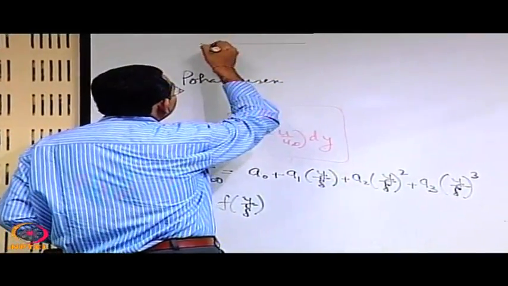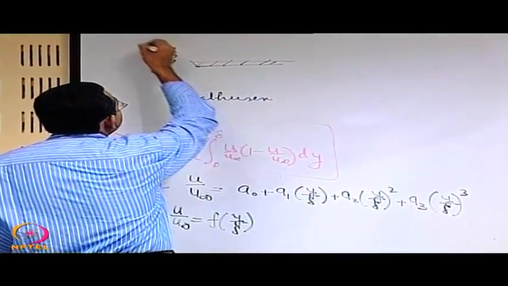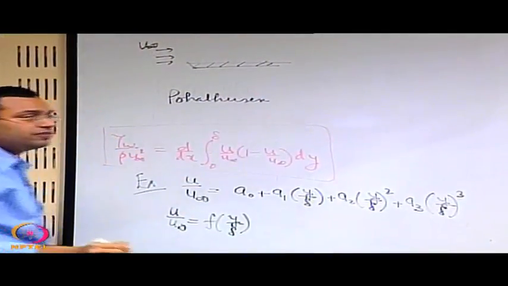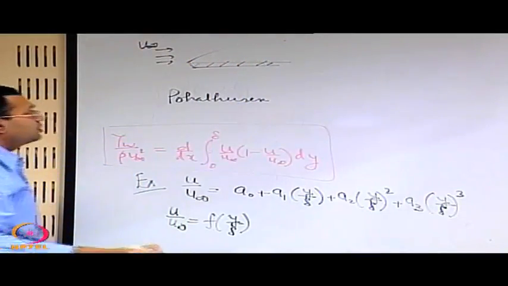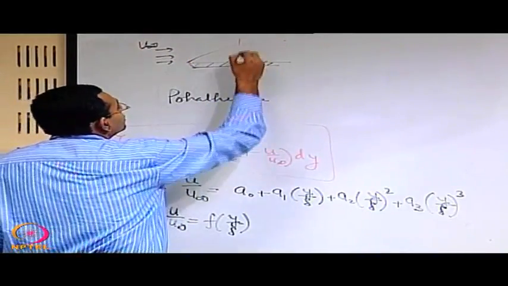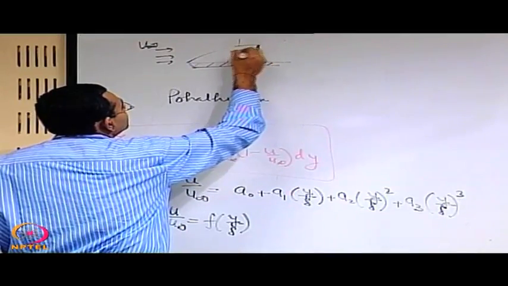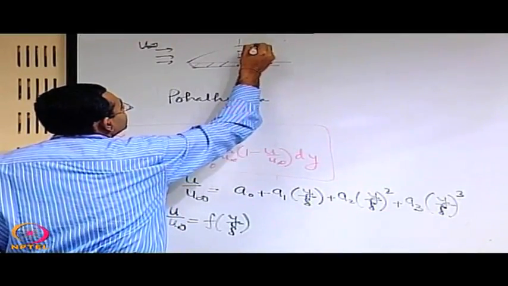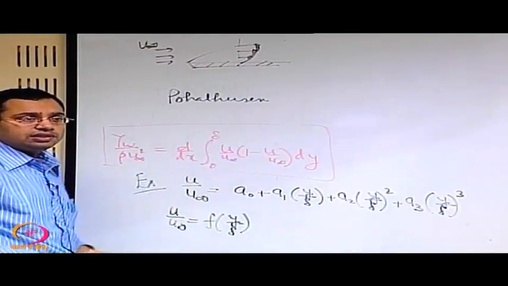What is the physical problem we are considering? You have a flat plate on which a free stream flow is coming with a velocity u infinity, and the boundary layer is growing like this, and you are interested in describing a velocity profile at some section x. So what are the boundary conditions that you want to satisfy?